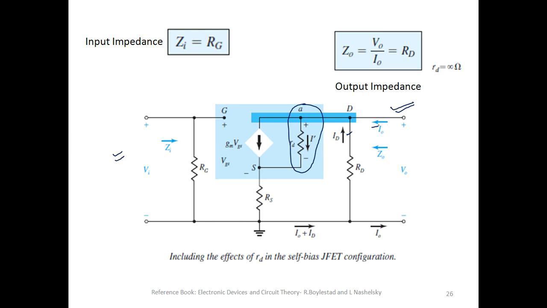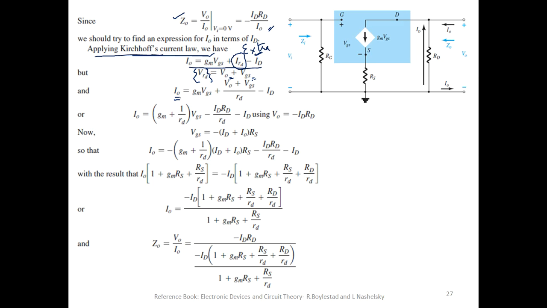The current I0 now has to be the one which is flowing across the current source path, across the rd path, and across the capital RD, which is the drain resistance path. So I0 is a sum of three current components: the first one the current source, the second one, and the third one.